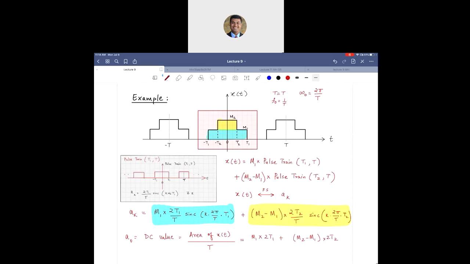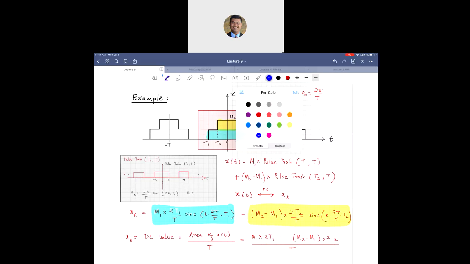You're adding them up and then you divide it by time period T. And as you can see, this form satisfies A sub k. So I'm going to quickly say this satisfies the earlier result.